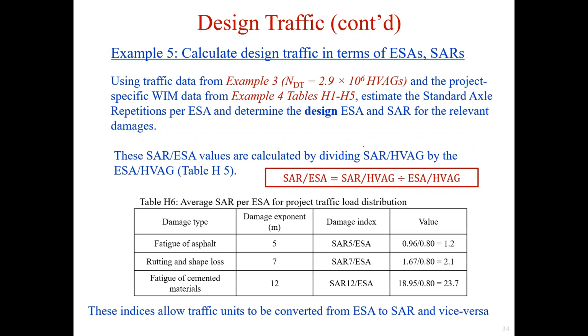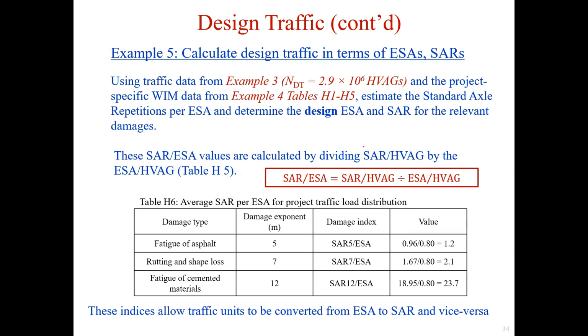We could use traffic data from example 3 and the project-specific WIM data from example 4 and tables H1 to H5 to estimate the standard axle repetitions per ESA and determine the design ESA and SAR for the relevant damages.